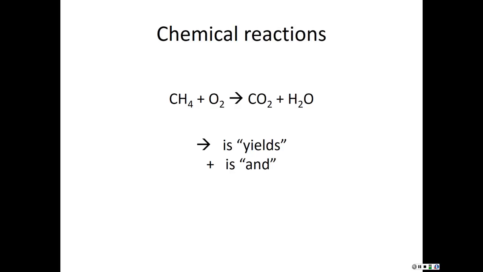Now over here, do the same thing. What would the charge on our iron be for FeCl2? 2. Okay. Because Cl is a minus 1, so that's going to give us a minus 2 overall. So that's going to have to be a plus 2 to balance out the charges.